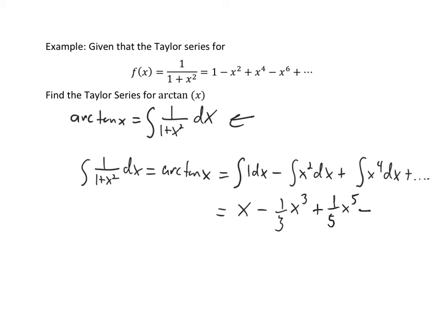The next one would be minus 1 over 7 x to the 7th. And this is, in fact, the same thing as arctan of x. So the fact that I could integrate this to get arctan of x tells me I can just integrate each term. Likewise, if you knew something was the derivative of something else, then you could use the derivative to go the other direction as well.